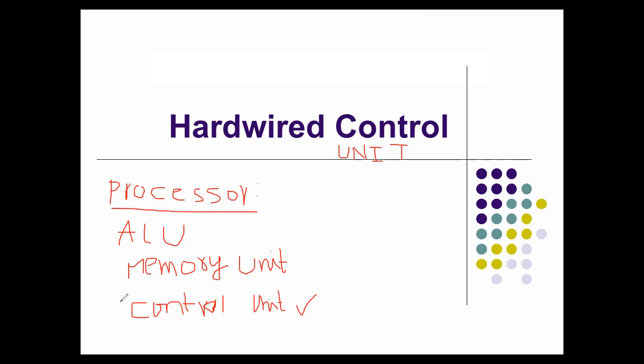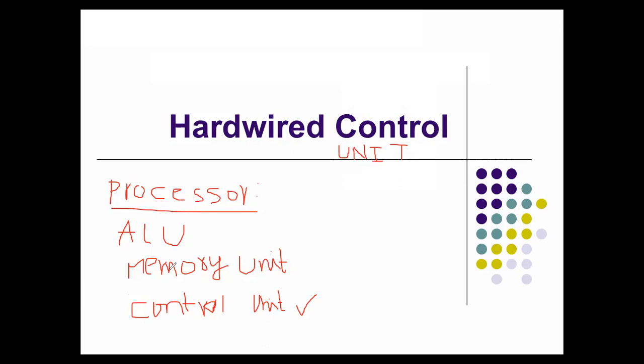All the instructions are executed line by line, one by one. At the execution of one instruction, some control signals are generated by using this control unit.